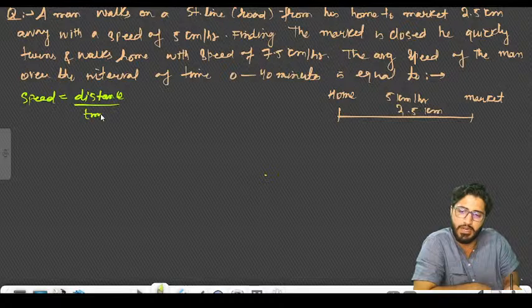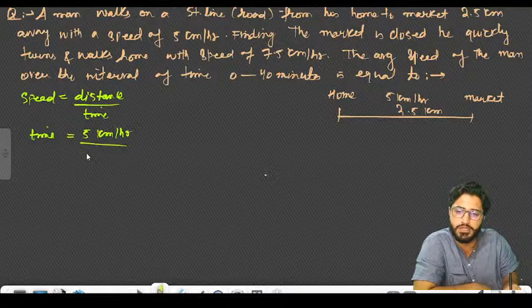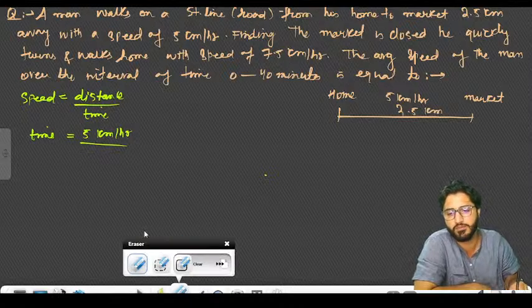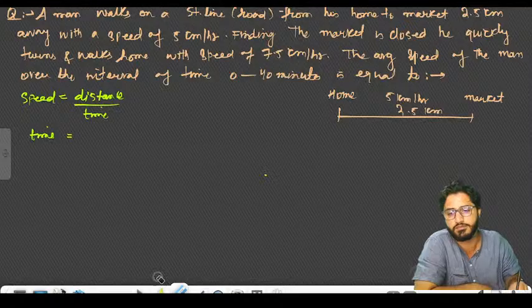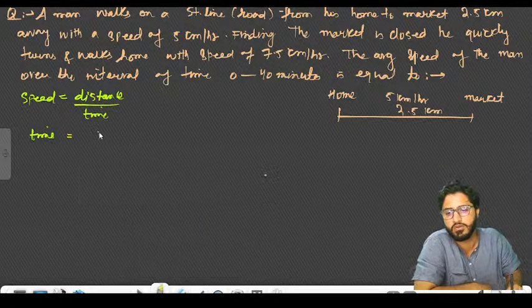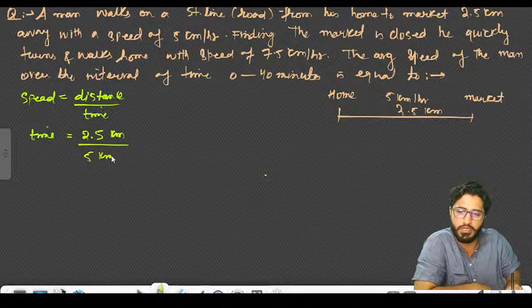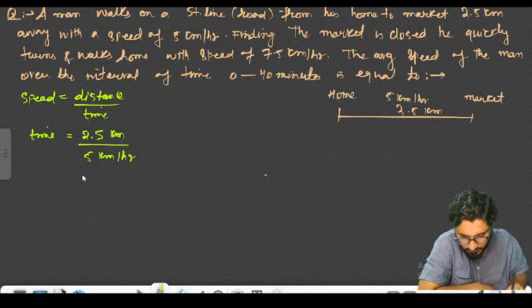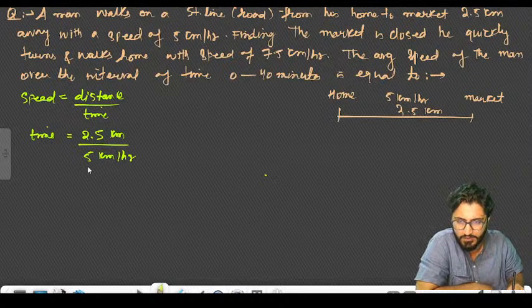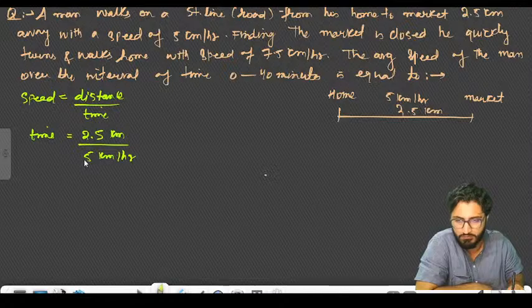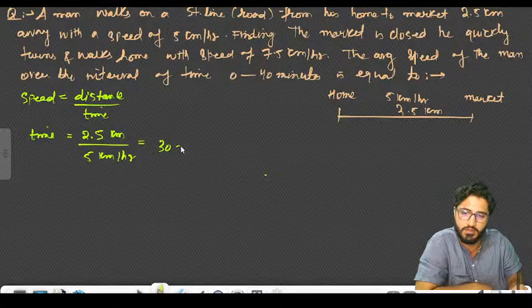So we need to manipulate the time term. Time is distance by speed, sorry. So time is 2.5 kilometer whole divided by speed 5 kilometer per hour. Done? Easy now? So you will get 0.5. That means you will get 30 minutes.